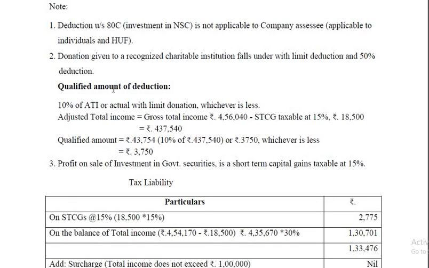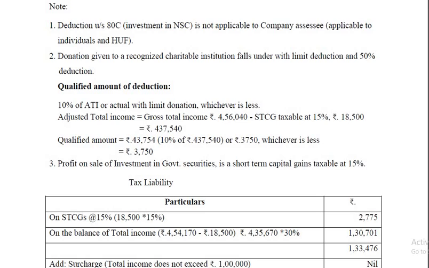Okay, here you have to calculate qualified amount of deduction. What is qualified amount? Qualified amount is 10% of ATI or actual with limit donation, whichever is less. Then what is adjusted total income? Gross total income as reduced by short-term capital gain taxable at 15%, long-term capital gain taxable at 20%, and all other deductions under section 80 except 80G.